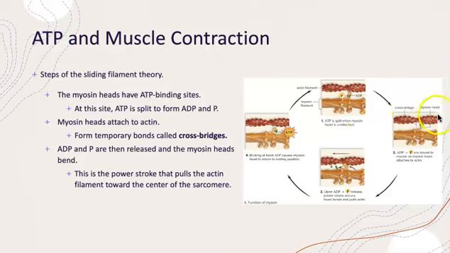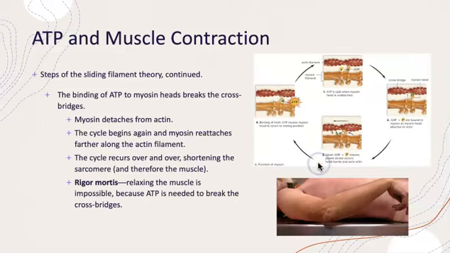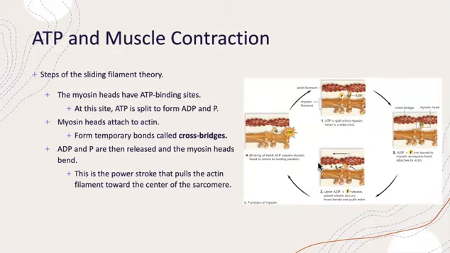We see that ADP and inorganic phosphate are bound to the myosin as the myosin head attaches to actin when those active sites are revealed. And when we release our inorganic phosphate, the myosin head is going to create a power stroke. It's going to pull that actin toward the M line.